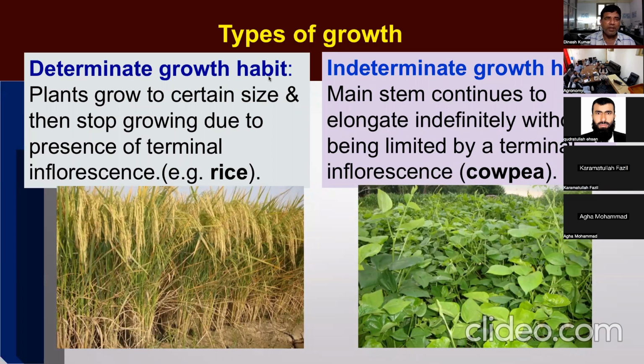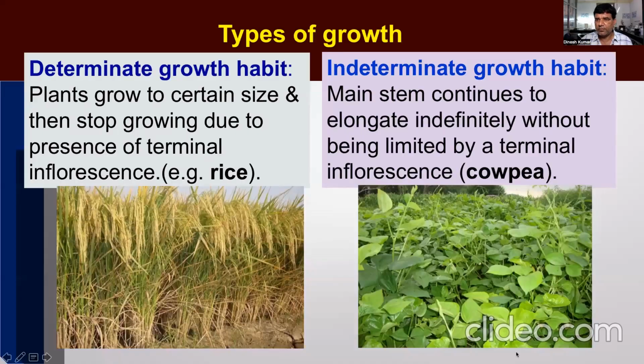So there is overlapping of vegetative stage and reproductive stage, or you can say that for a time period, some vegetative growth and reproductive growth happen together. This kind of growth is called indeterminate growth habit. It is seen in some pulses, and determinate growth is seen in cereals like maize.